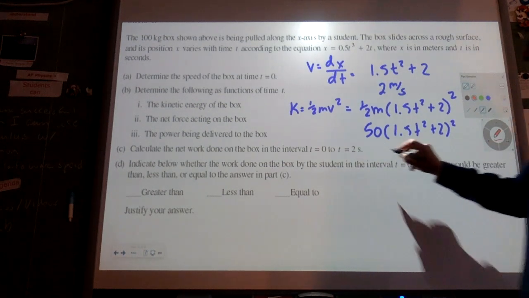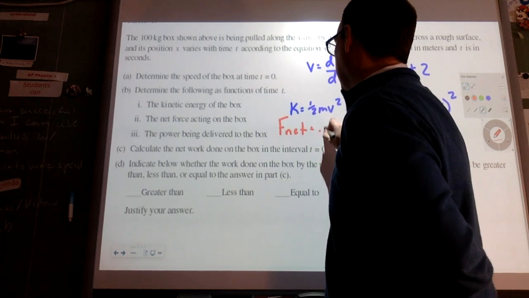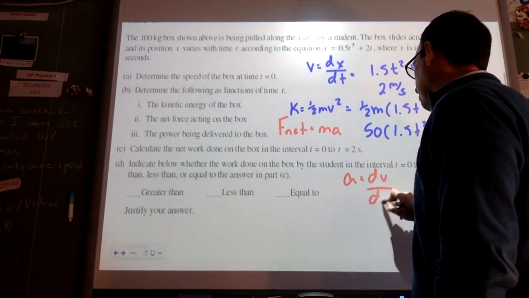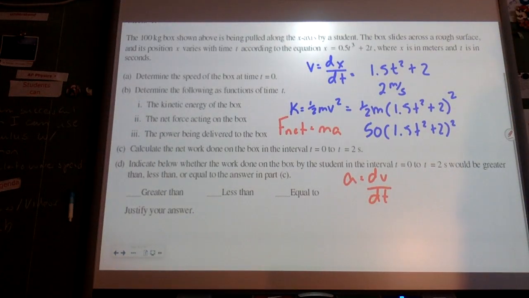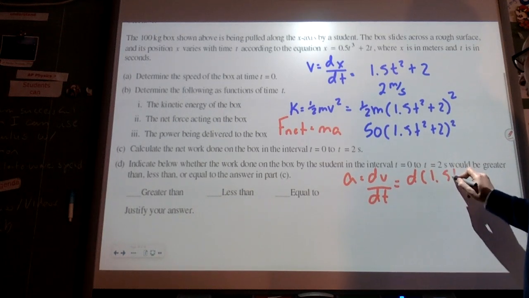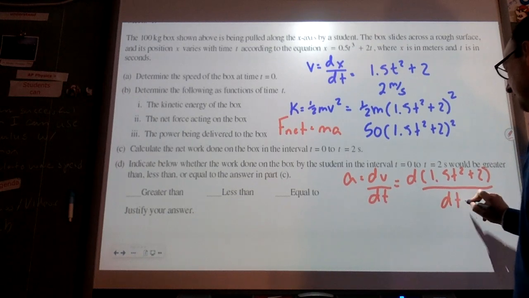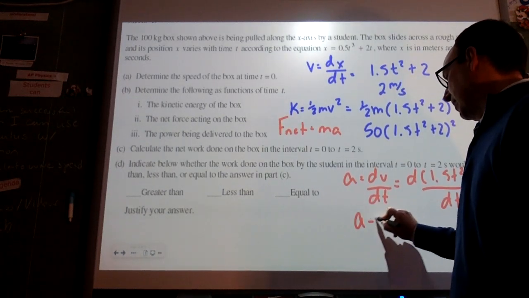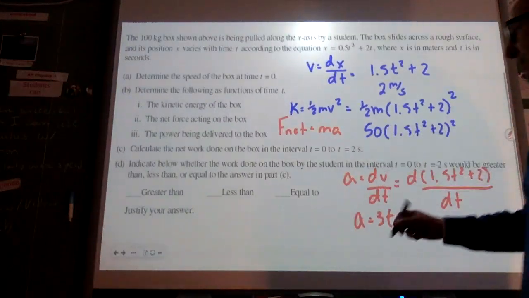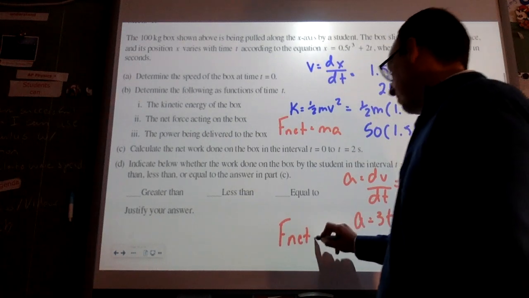The net force acting on the box is going to be equal to ma. So a is going to be equal to the derivative of the velocity function with respect to time. So I'm going to have the derivative of 1.5 t squared plus 2 with respect to t, and I get an acceleration that is 3t. And then if I plug that back into our equation, f net is going to be equal to 100 times 3t.